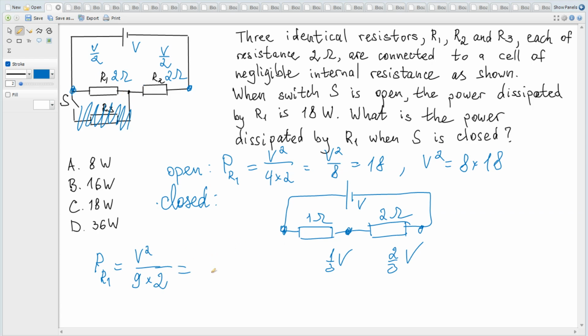And using this result, substituting 8 times 18 for V squared, we can simplify, and it is equal to 8 watts, so A is correct.